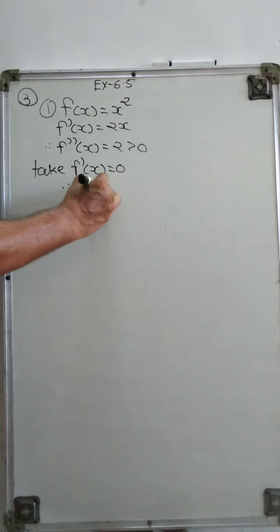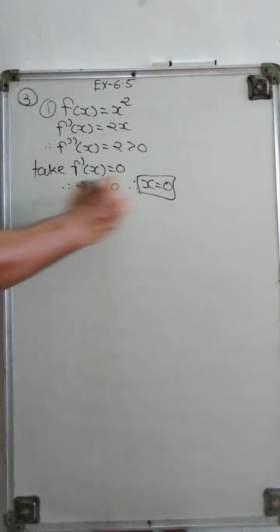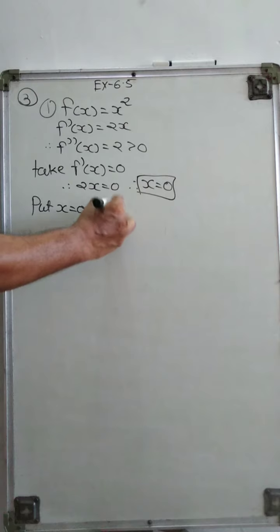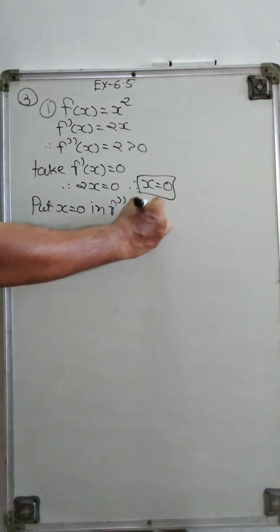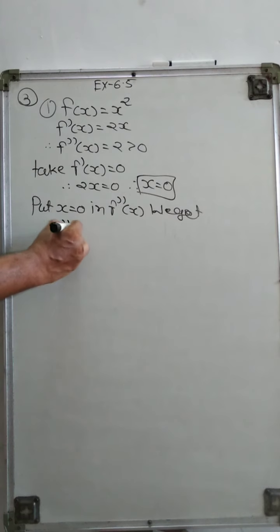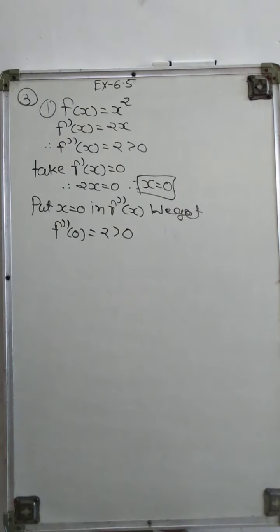Therefore 2x equal to 0, meaning x equal to 0. Now put x equal to 0 in f''(x). We get f''(0) is equal to 2, which is greater than 0.